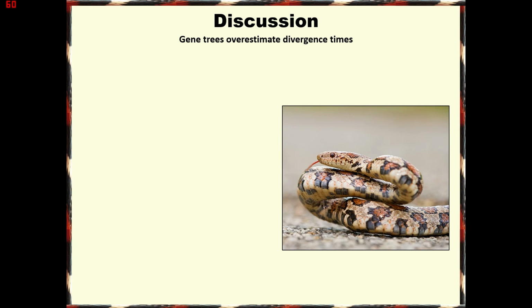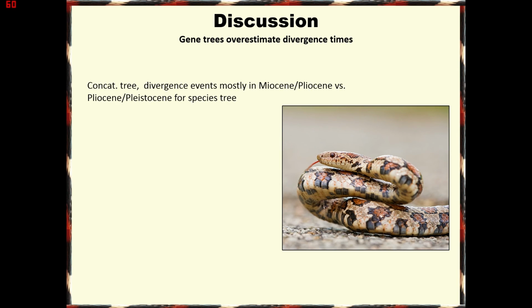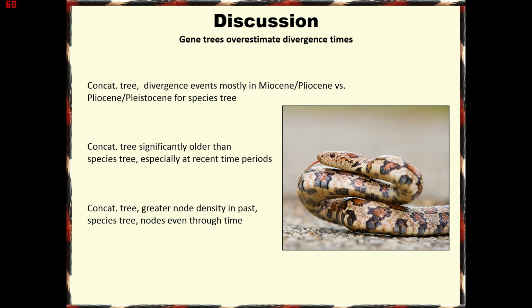Additionally, we find that gene trees do in fact overestimate divergence times. So the concatenated tree gives us times that are mostly in the Miocene and Pliocene versus the Pliocene and Pleistocene for the species tree. The concatenated tree times are significantly older, especially at more recent time periods. The concatenated tree also has greater node density in the past, signaling an early burst of diversification.